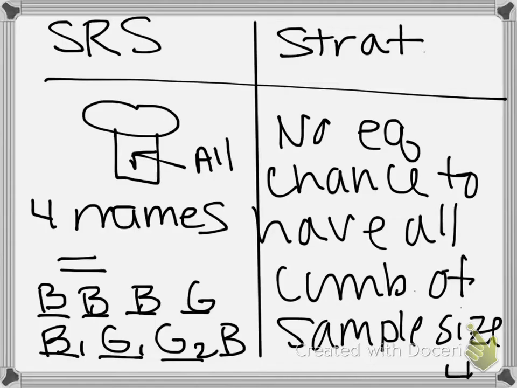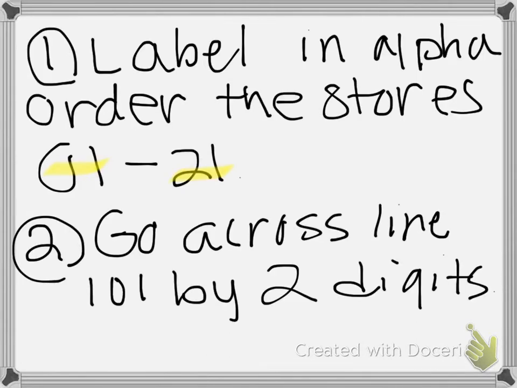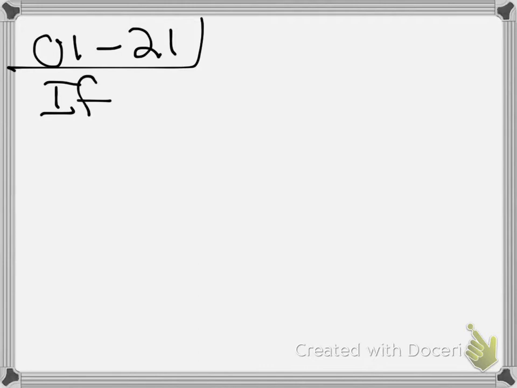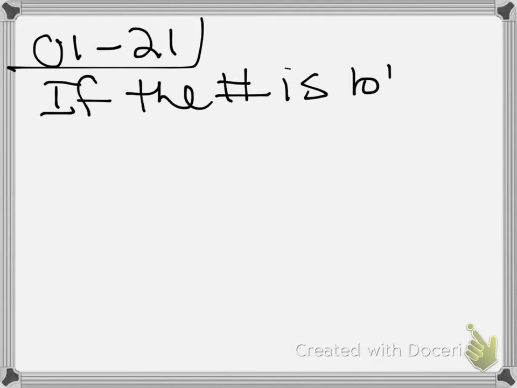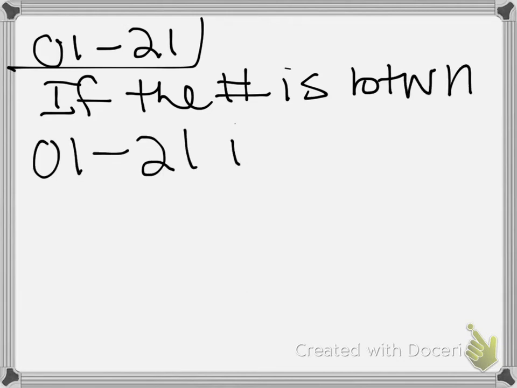We have to make a decision now. Is 19 between 01 and 21? Why 01 and 21? Those are our store labels. You would say if the number is between 01 and 21, it's part of our sample.